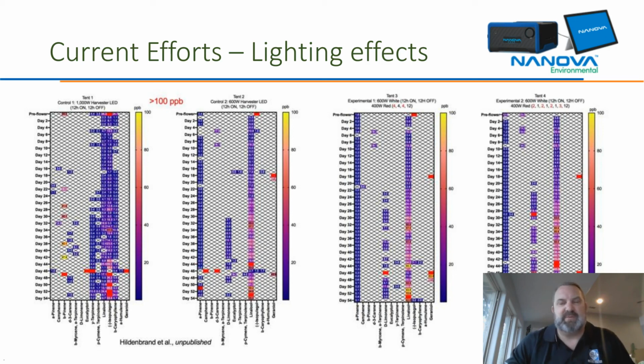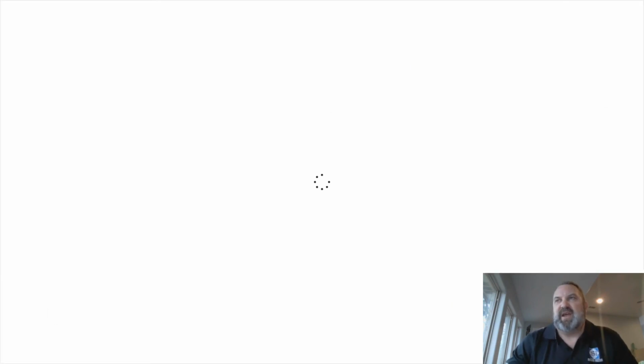Now, these terpenes would be a mass expression from the 4 different genetics that are in the tent. And later at the end, we're doing a comprehensive terpene analysis of the individual plants. But you see some variation in terpene profiles from the different lighting.